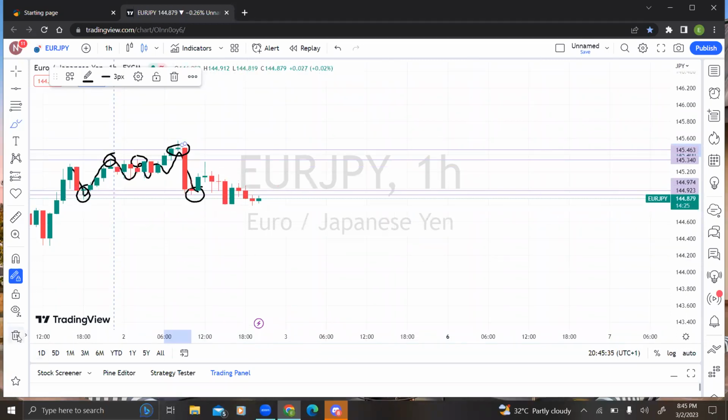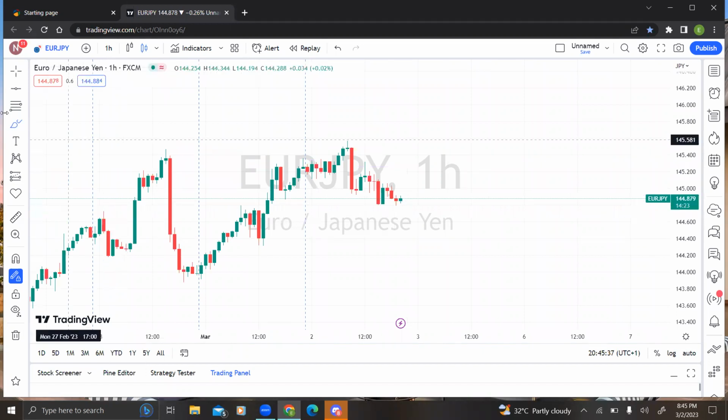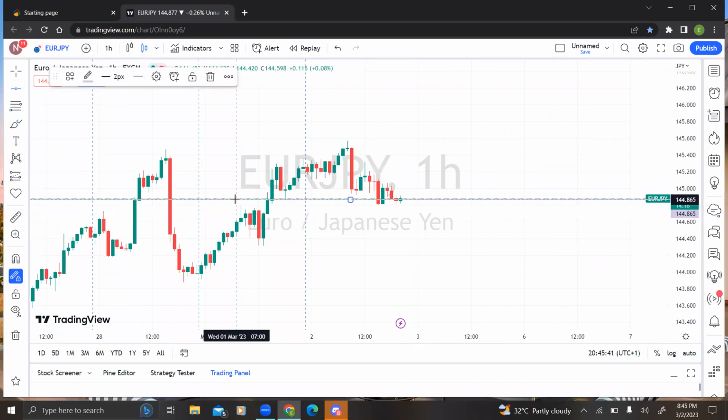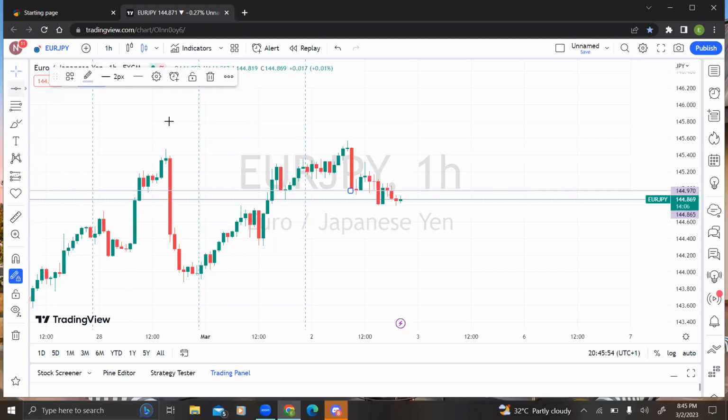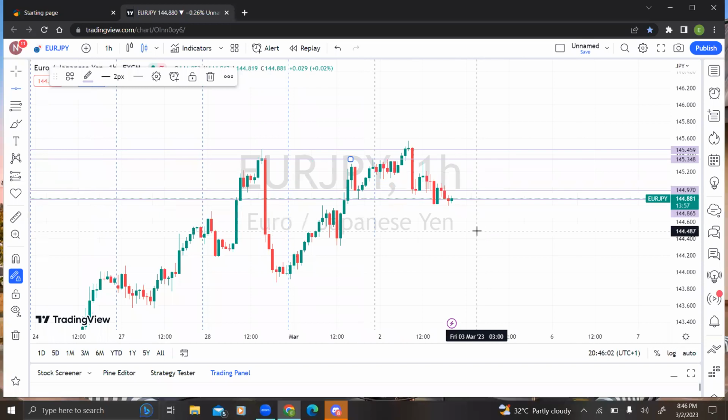So on Euro JPY, if I'm looking at Euro JPY now, consolidation, to mark up the chart, I could take it from here like this, all the way to this place. Right? And then my resistance could be here. Either here, yeah, I could have my resistance like this.